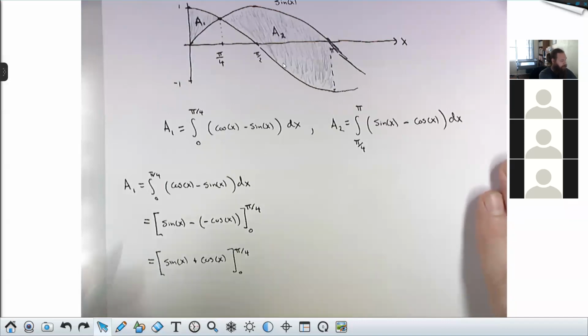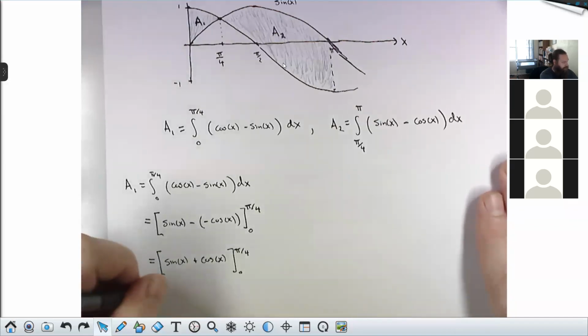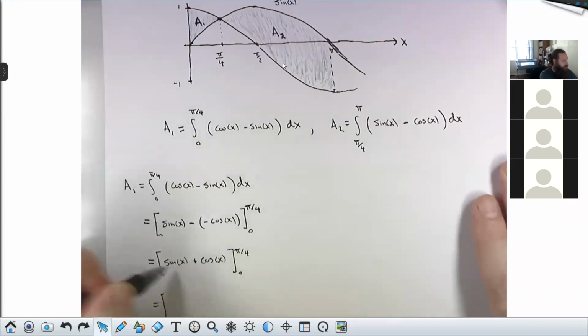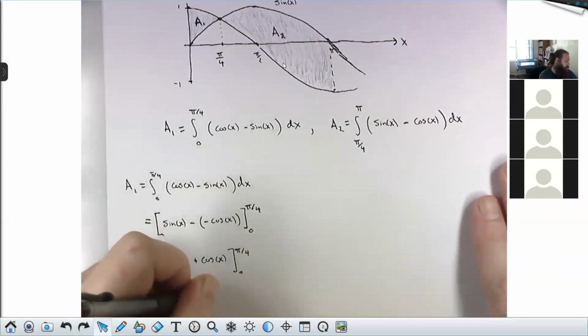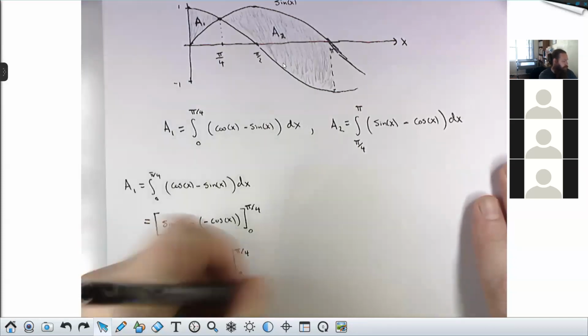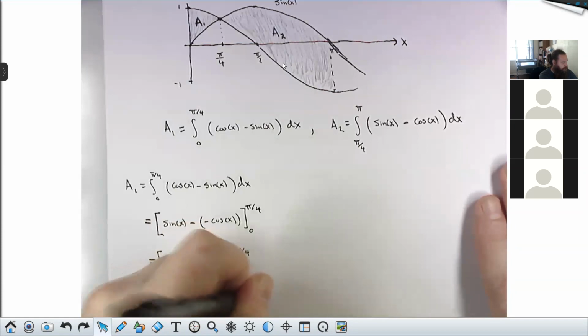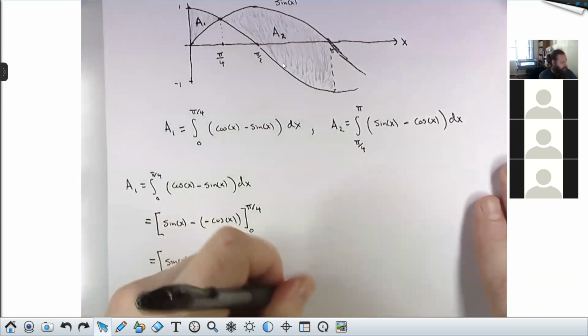When I plug in pi over 4, I get the sine of pi over 4 plus the cos of pi over 4. Subtract from that the sine of 0 plus the cos of 0.